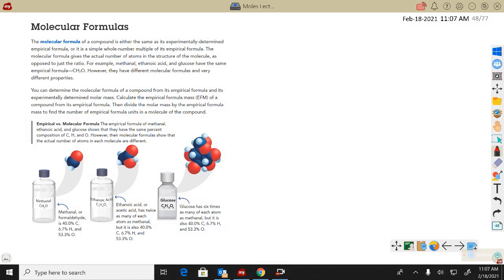Previously, we have been studying empirical formulas. Empirical formulas are the simplest, lowest whole number ratio of elements in a compound.